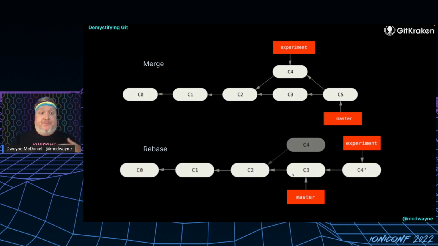Rebase doesn't preserve that alternate chain of events. It simply replays the history that it recorded in order in the main timeline. Again, we're starting to talk about little conceptual pieces versus how it actually works.